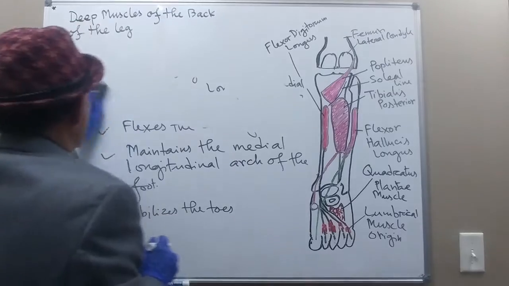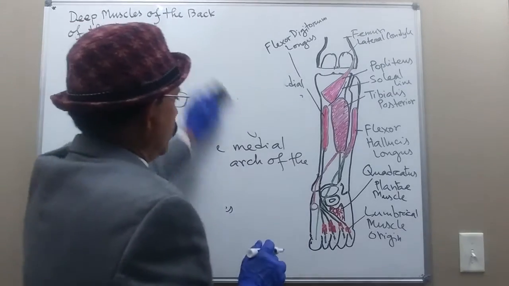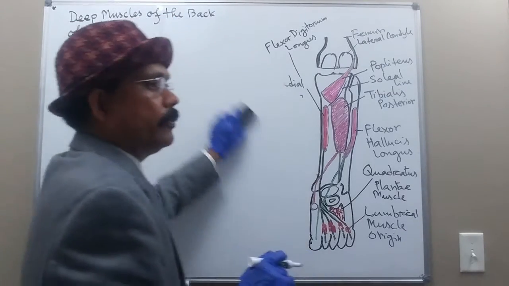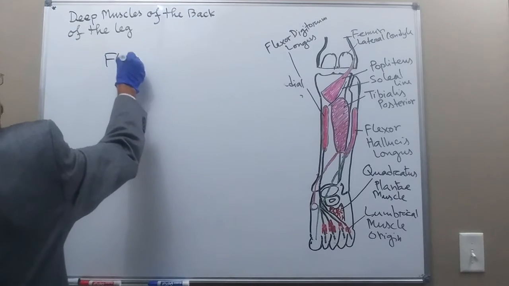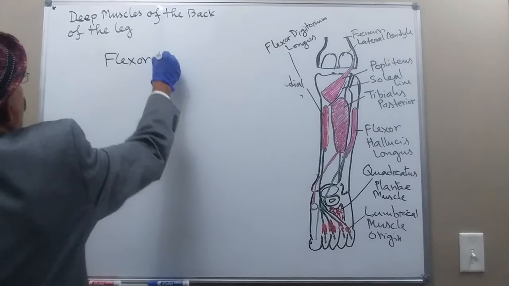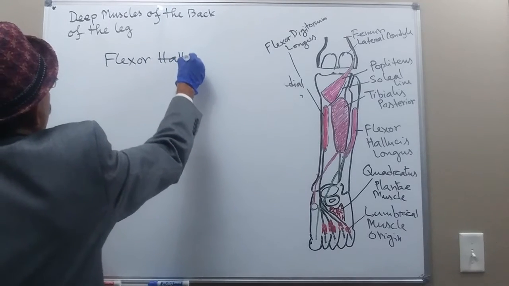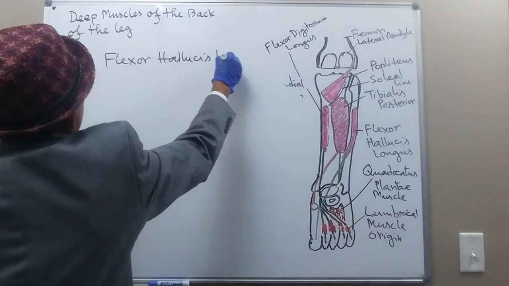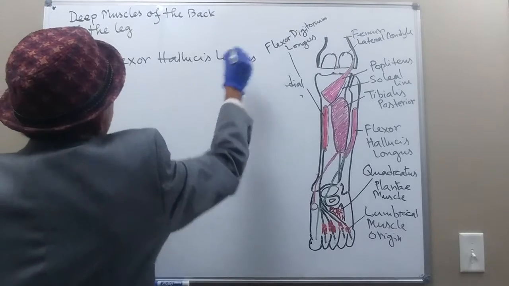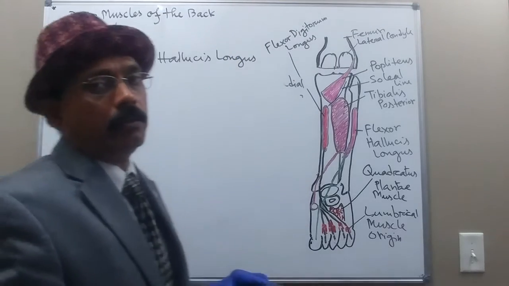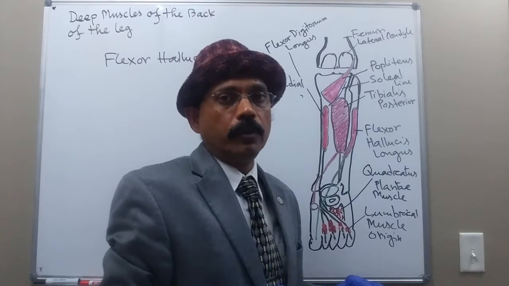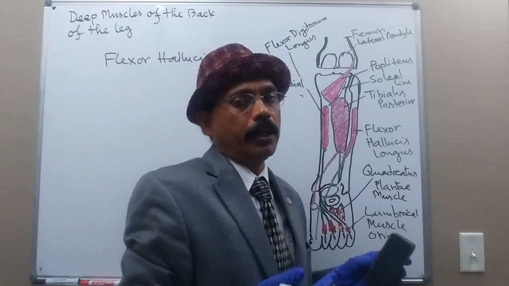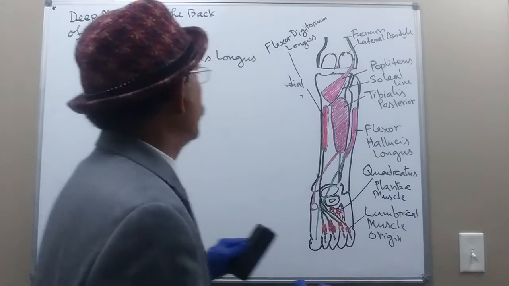Now we'll go to the Flexor Hallucis longus. So ultimately it should go to the hallux. That means it should go to the distal phalanx of the great toe in the plantar aspect.